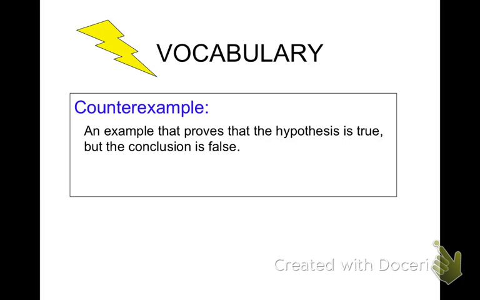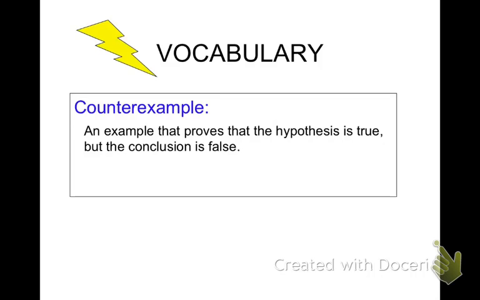Now when we're talking about counterexamples in a conditional statement, what I need from you is an example that proves that the hypothesis is true but the conclusion is false. So an example that proves that the hypothesis is true, but the conclusion is false.